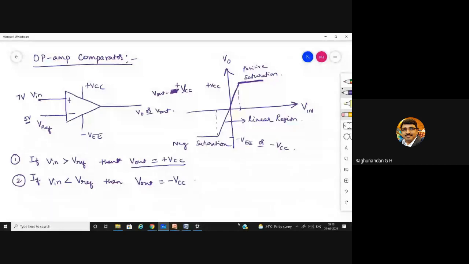Suppose you are in the positive saturation and the input becomes 4 volt. Previously it was in positive saturation, the output was showing plus VCC. Now I have given the input as 4 volt. Which condition holds good here, case 1 or case 2?